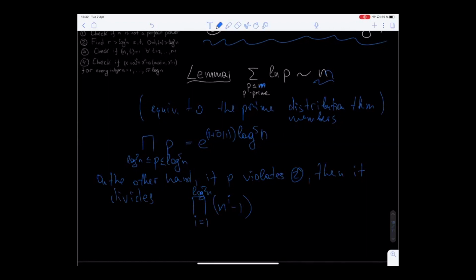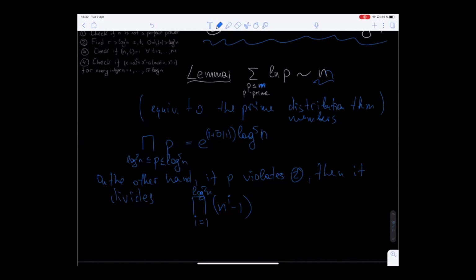Because what does it mean that the order of n is at most log squared n? It means that it must be some i, where i is from 1 to log squared n. And if the order of n is i, it means that n to the i is 1 modulo p. It means that p divides n to the i minus 1.